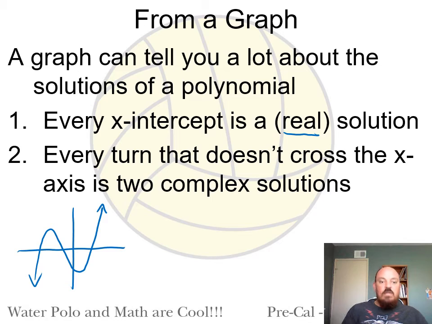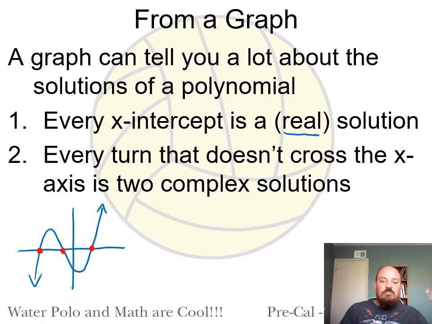Now the 3 points where it crosses the axis, here, here, and here, are x-intercepts. They're real solutions. So whatever those numbers are, and I didn't mark the axis, but maybe it's like -5, -1, and +3 or something. So you get 3 real solutions.